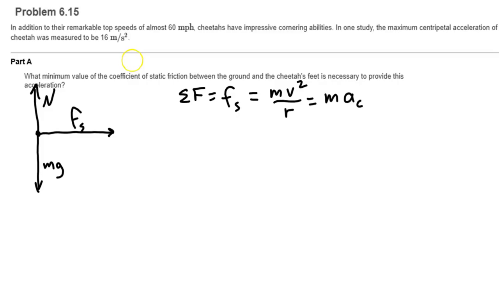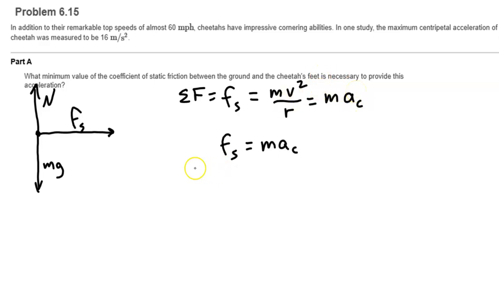They didn't give us the mass and the velocity and the radius of the turn. So I think where I'm going to go with this is just approach it with static friction equals m times a_c. And remember, a_c equals v squared over r, so this is valid for us to do.